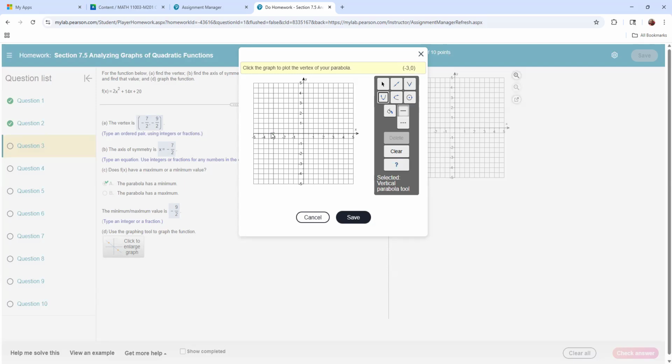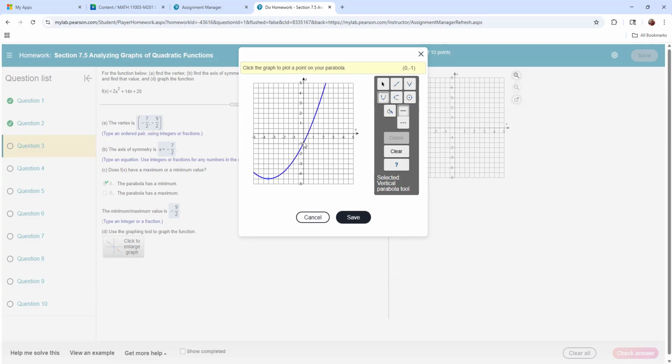And then negative 9 halves is equal to negative 4.5. So let me go to negative 3.5 and then down to negative 4.5. I'm looking at that little yellow band when I watch my points, okay? So I'm at negative 3.5, negative 4.5. I'm going to click that.